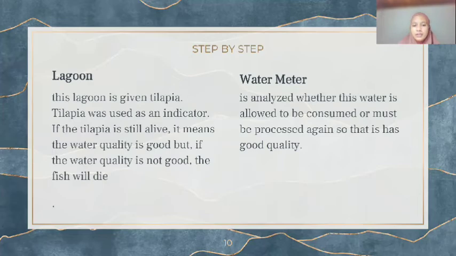And last, 11, water meter. The water meter analyzes whether this water is allowed to be consumed or must be processed again, so that it has a good quality of water.